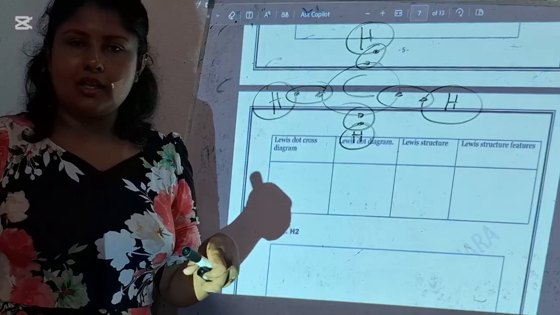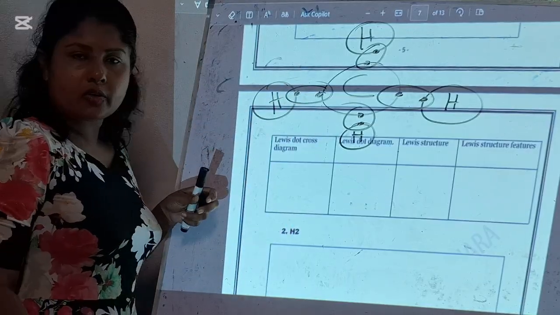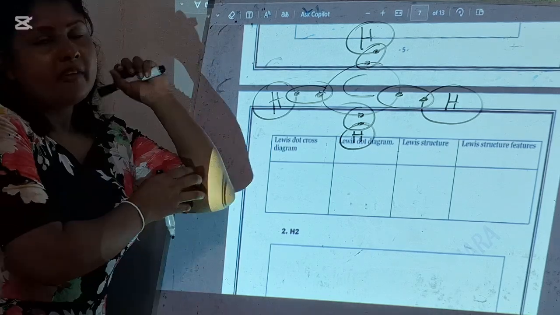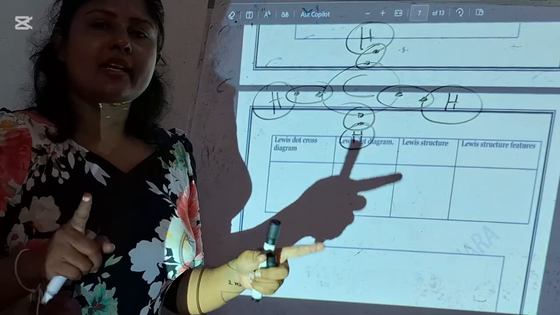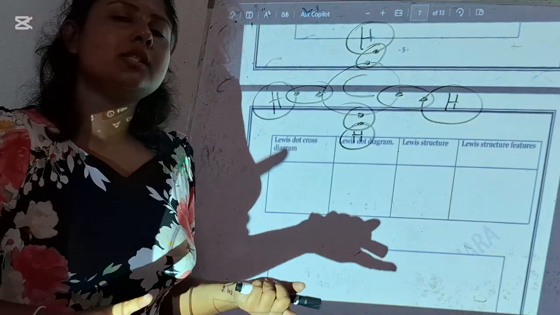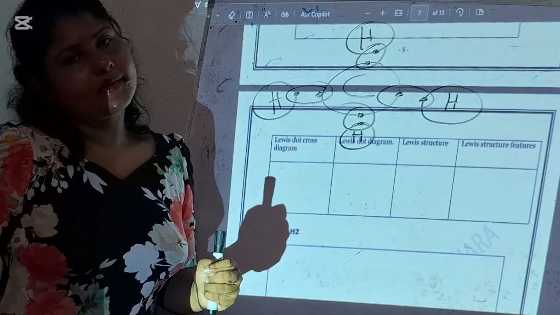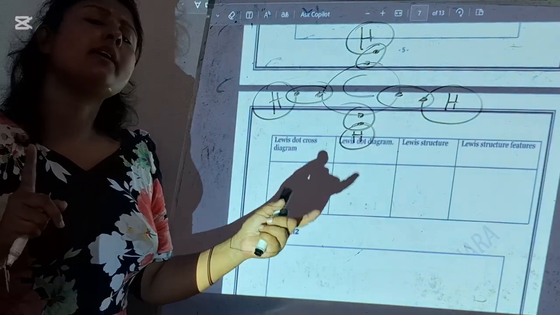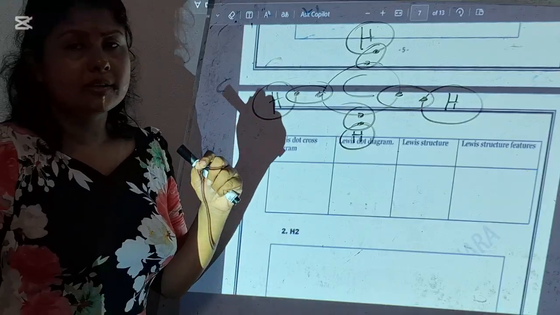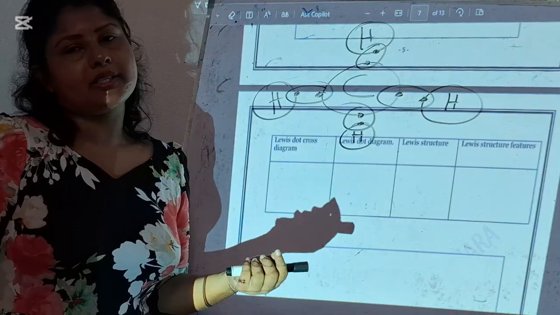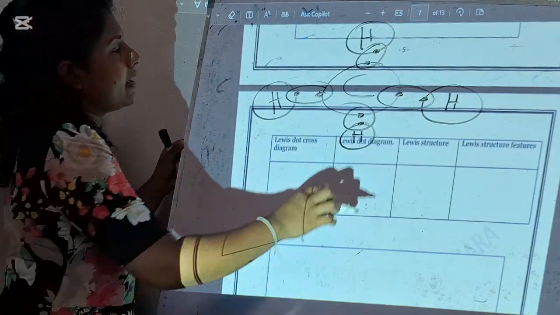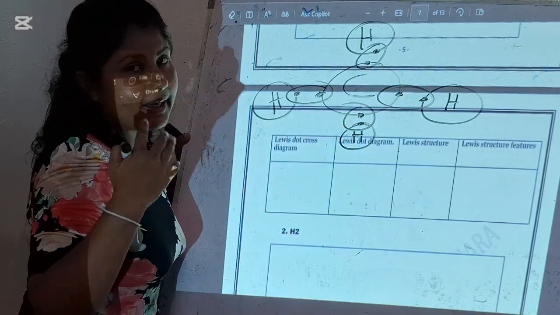This is what we drew. Now, how do we get the Lewis dot cross structure from this? When taking the Lewis dot cross structure, please take dots or crosses for one of the atoms. If you take crosses for the considered atom, for the next type of atom take dots. Let's see how to do it.